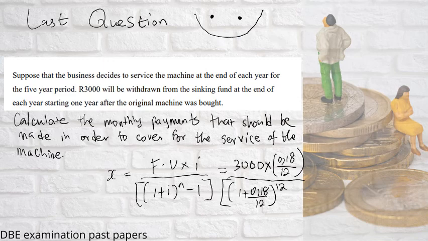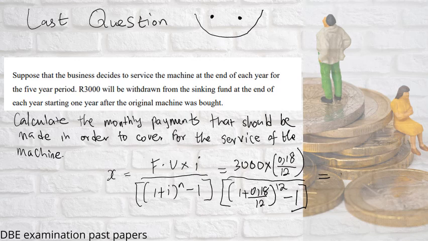In 1 year we have 12 months. We want to see the monthly repayments that need to be made to service this, that's why our number of payments is just 12. So minus 1, like that. Then you can determine the final answer.